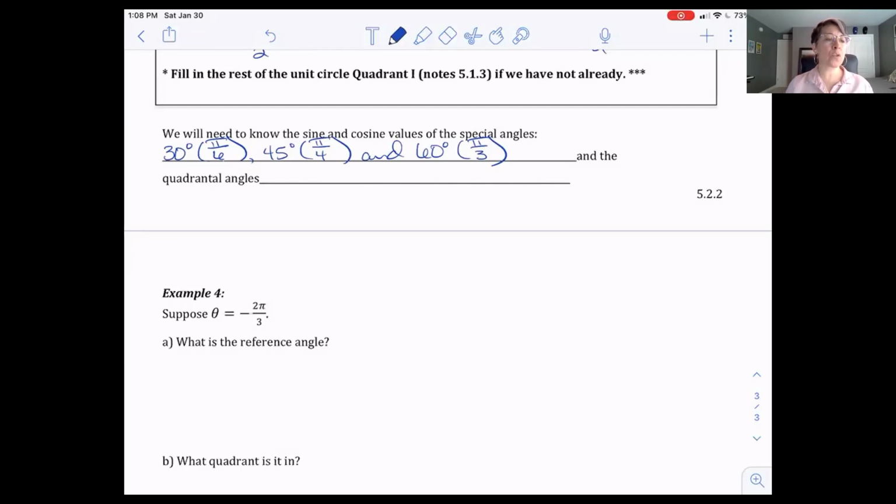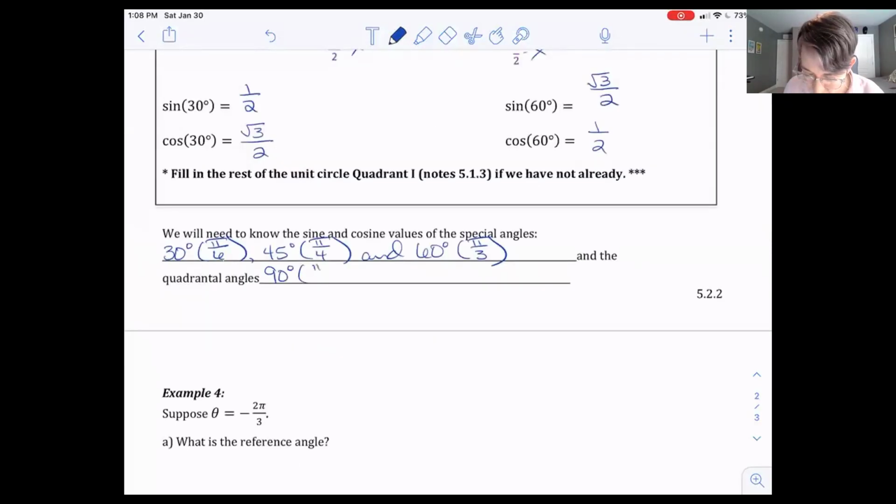And we also need to know the quadrantal angles, the ones that fall on the axis, 90 degrees, which is pi/2, 180 degrees, which is pi, 270 degrees, which is 3 pi/2, and then 360 degrees, which is 2 pi.